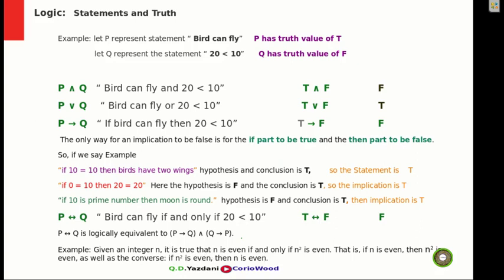If you look in here, we have n if and only if n square.